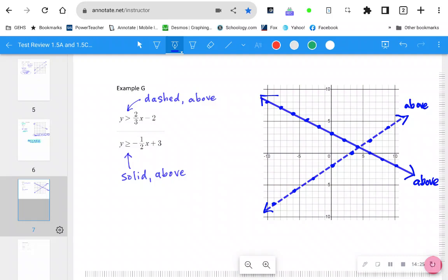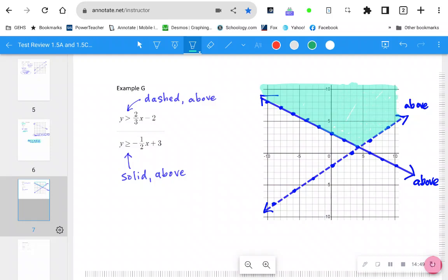And to be above both of them, you need to shade the area that's up here. Now, if you're using a pencil and don't have a highlighter, then I will show you how to crosshatch this.